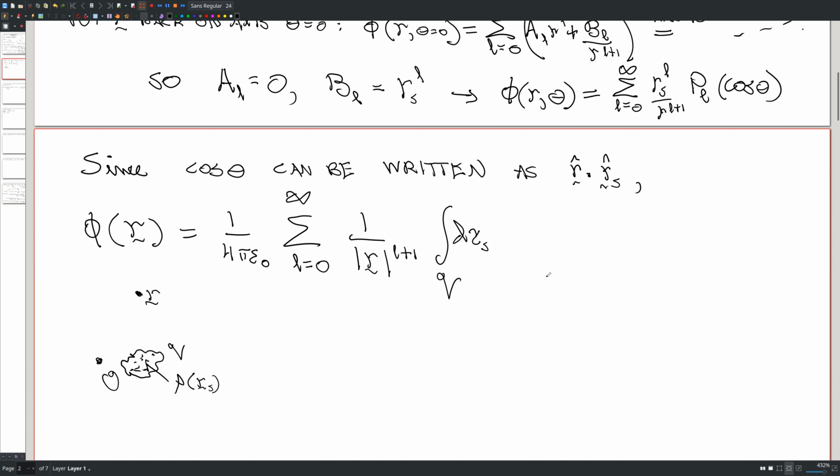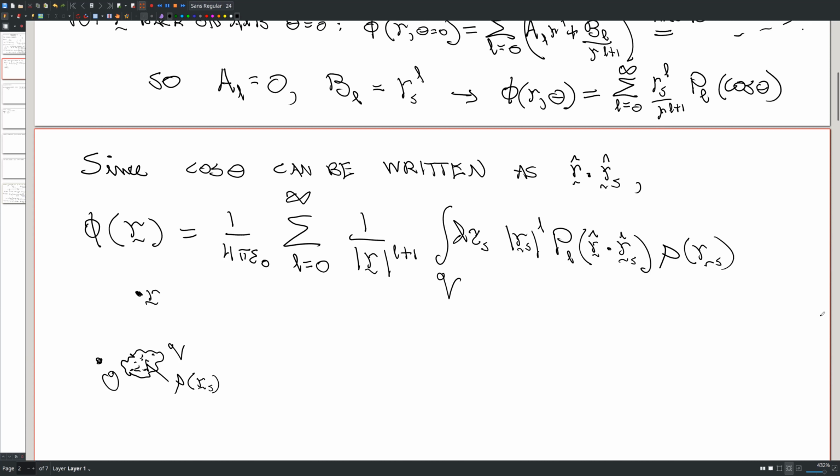I have the position of the source itself to the power L, and the Legendre polynomial of the cosine of the angle with that particular source, which is just r hat dotted into that particular r_s hat. And by linearity, I'm doing it for the density of charge at that point r_s.